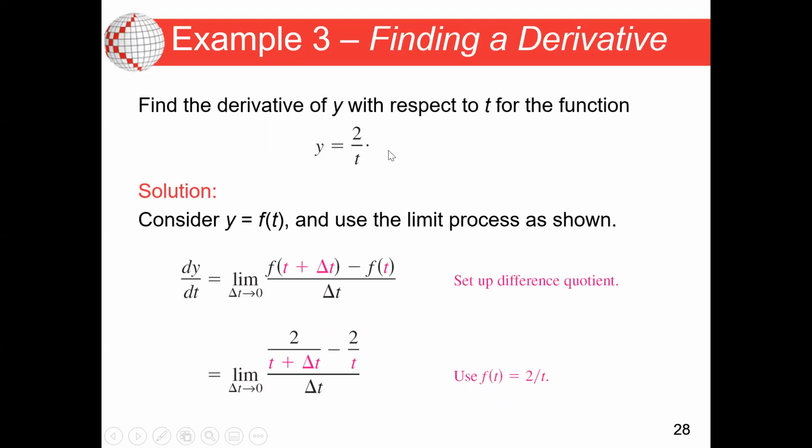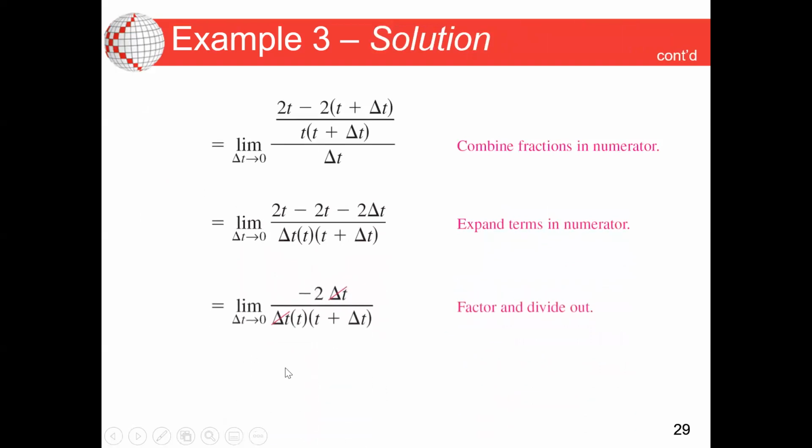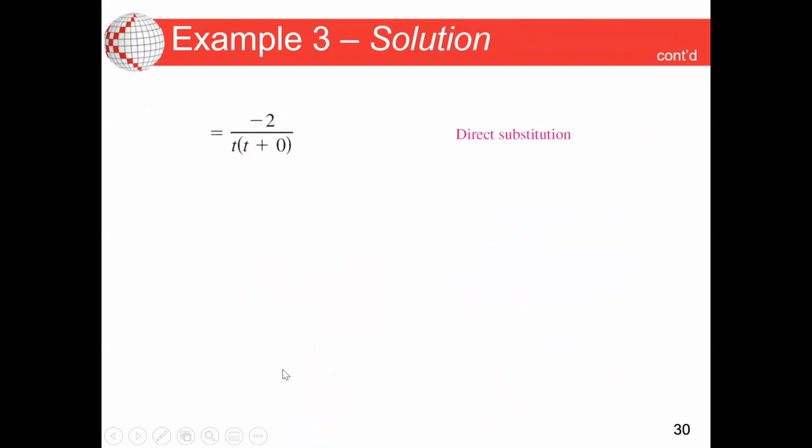So if I have 2t to the power -1, it will be t to the power -1 -1 times -1. So our answer will be 2 times -1, t to the power -2. So the answer will be -2t to the power -2, which is the same as saying -2 over t squared. And that's what we get here. But instead of using all this very long limit process, we just use the power rule formula.